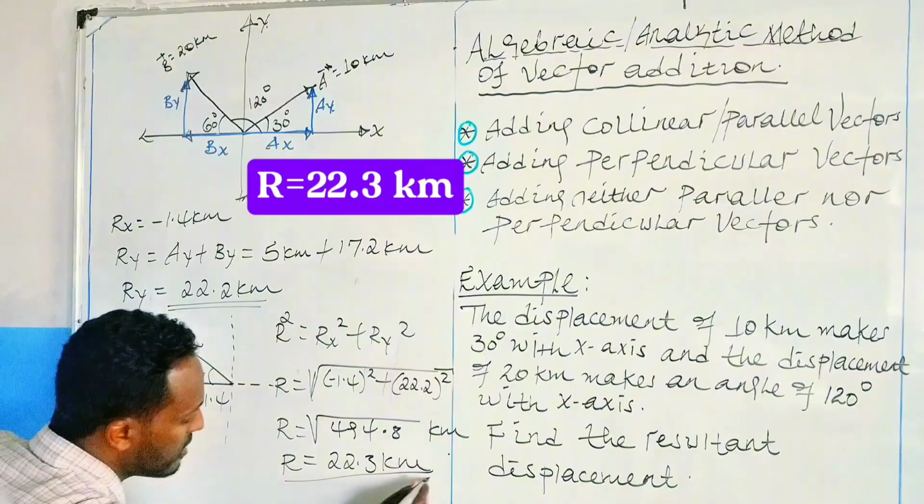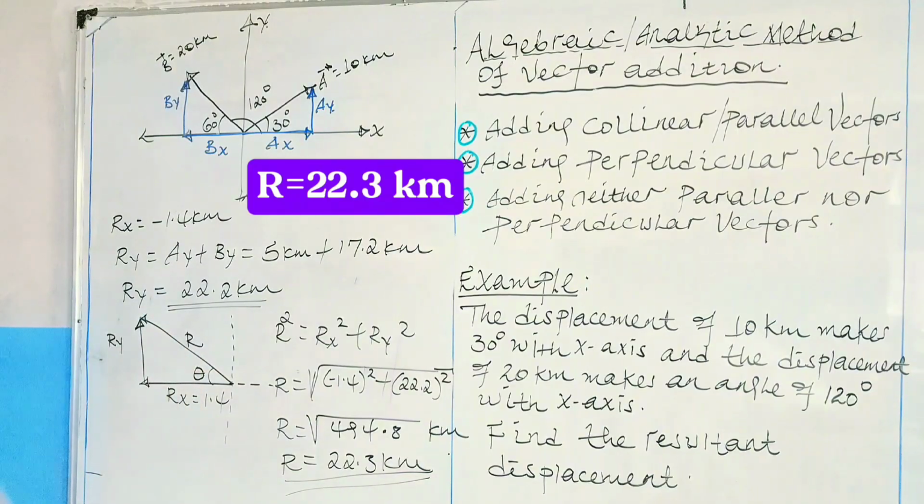So this is the resultant vector, or the summation of the two vectors.